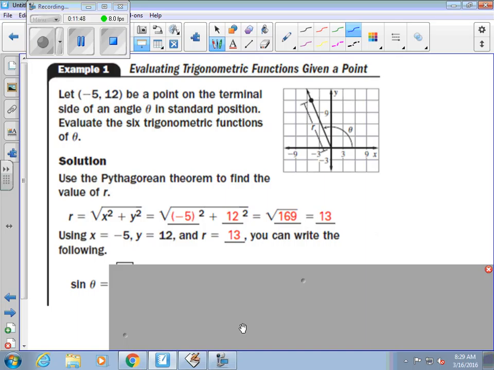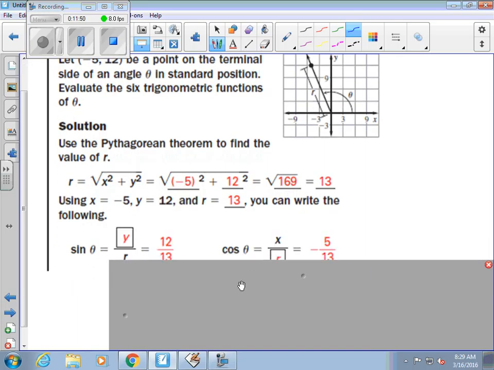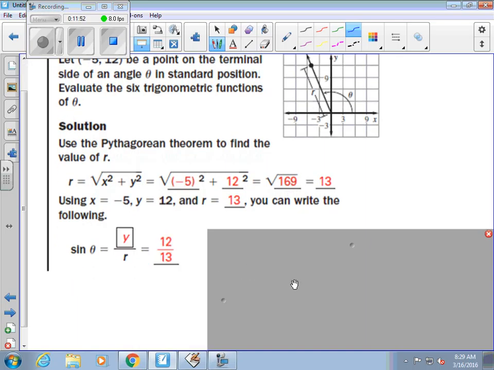So the sine of that same triangle: this reference triangle that we just created is 13, 12, and 5. This is your reference angle. Sine is SOH, opposite over hypotenuse, 12 over 13. That's where that comes from.